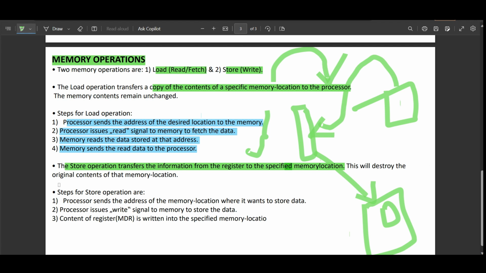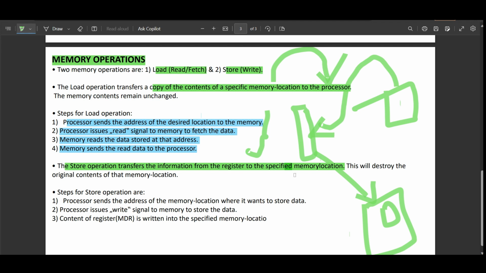This will destroy the original content of the memory location. So I am sending new data and telling the memory to store it in that location. Whatever content was previously in that location will get deleted, obviously will get destroyed.